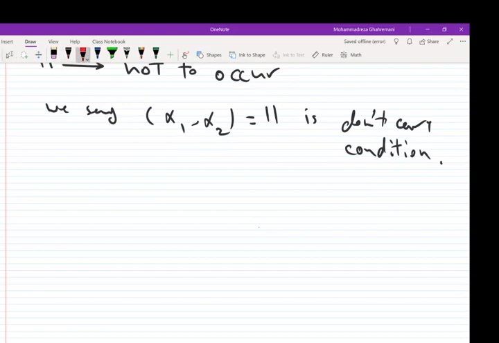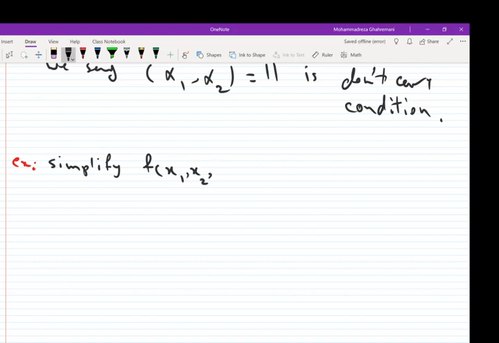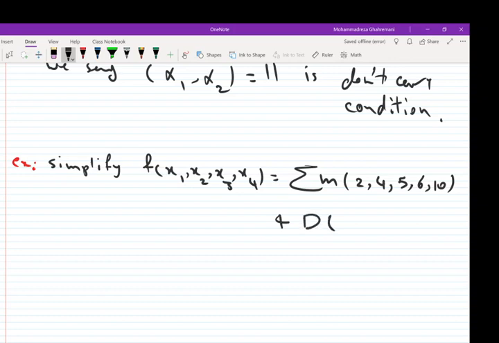Let's see one example. So here we have an example. We want to simplify this function: F of x1, x2, x3, and x4 is equal to the sum of min terms 2, 4, 5, 6, and 10 plus don't cares for the min terms 12, 13, 14, and 15.